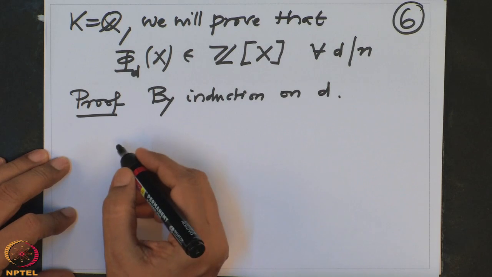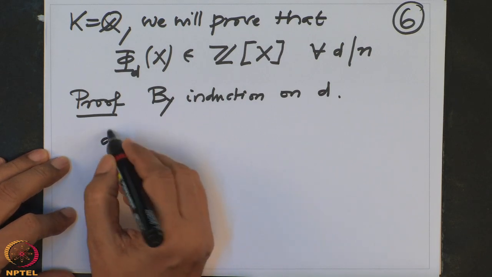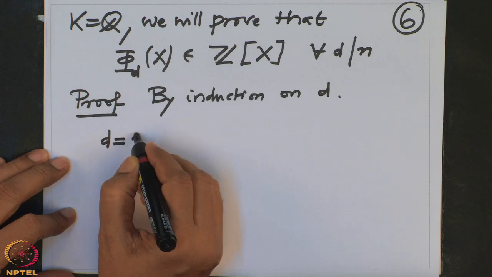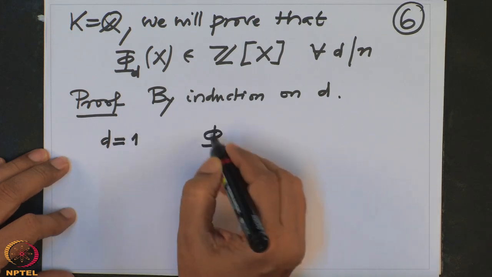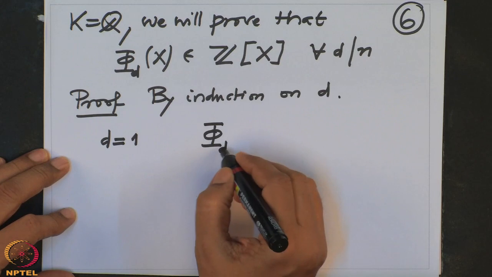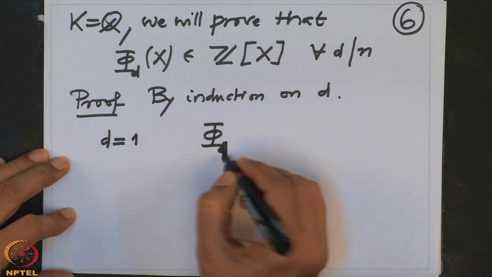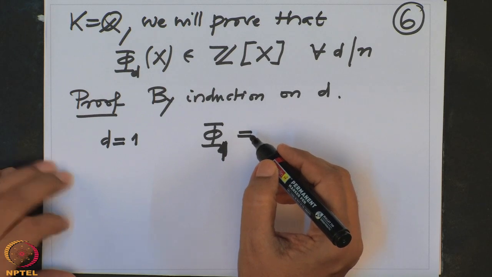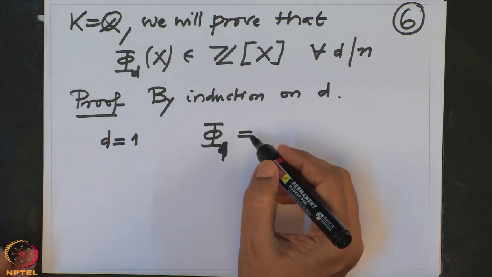So let us see what happens when d equals 1. What is phi 1? Phi 1 is the product running over all elements of order 1, but there is exactly one element of order 1 in any group, namely the identity element.